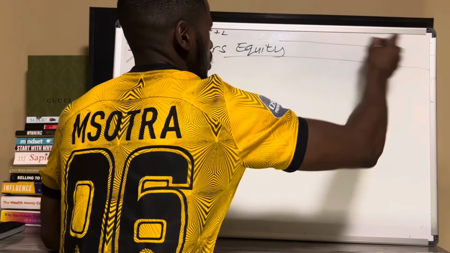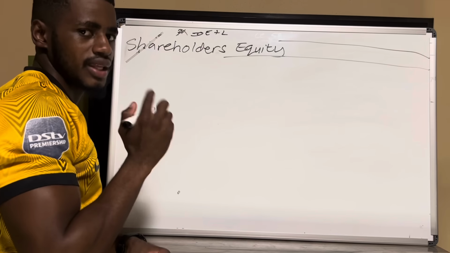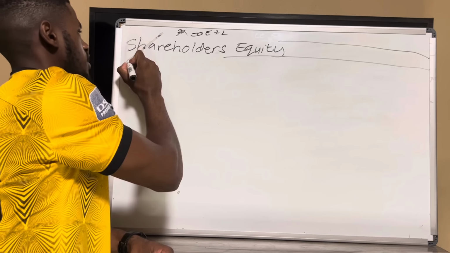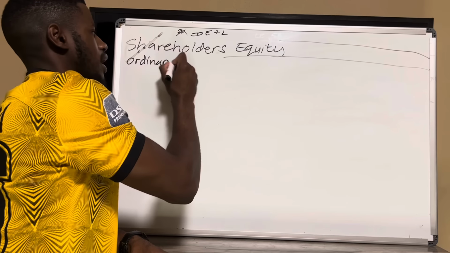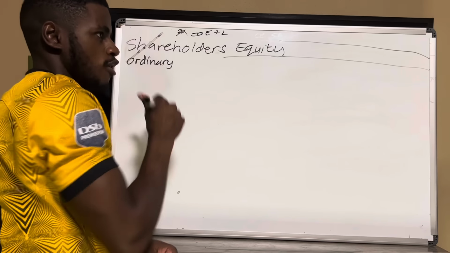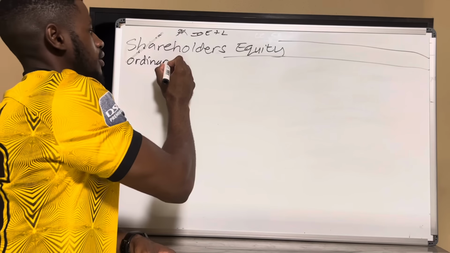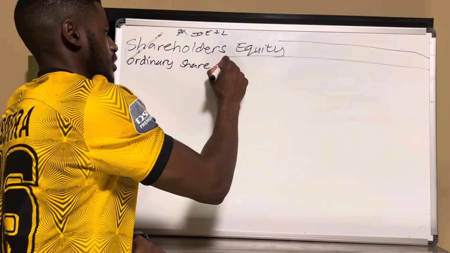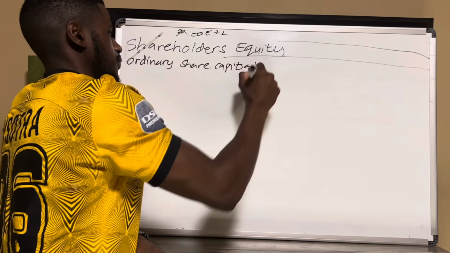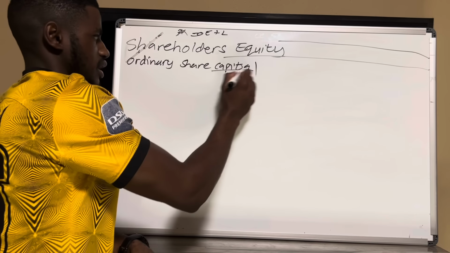Now in our shareholders equity, we have two things here. Firstly, we have ordinary share capital. This is the amount that we have received from all the selling of our shares. Ordinary share capital. As you can see, capital.